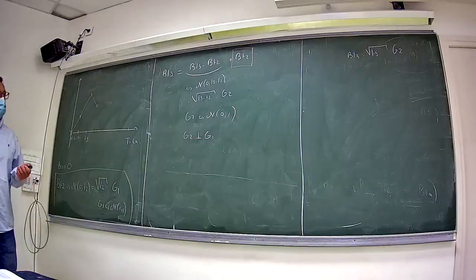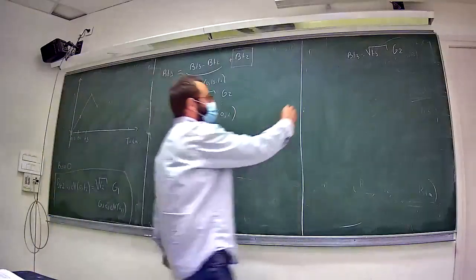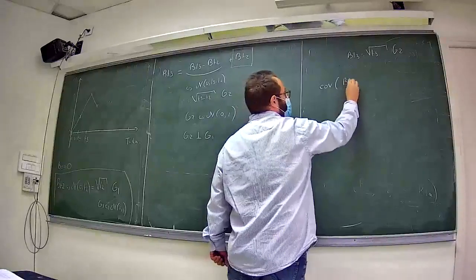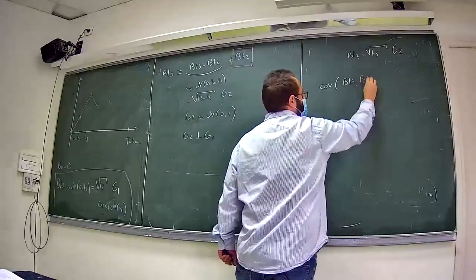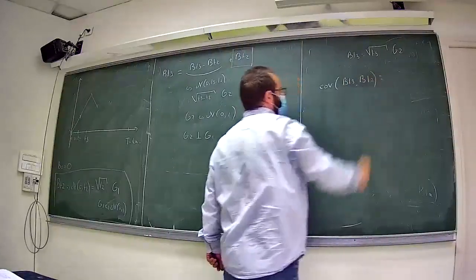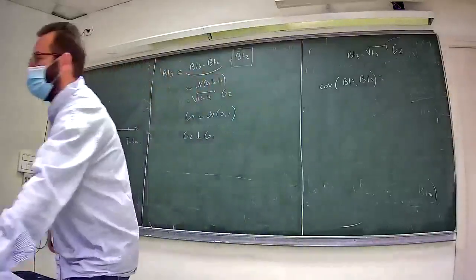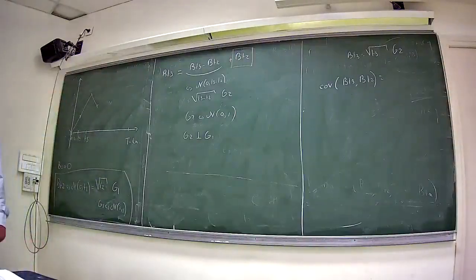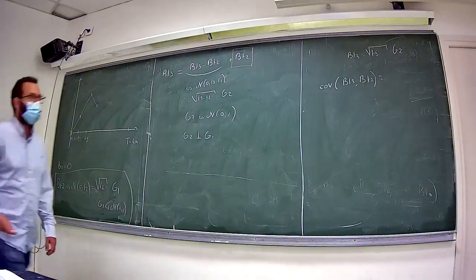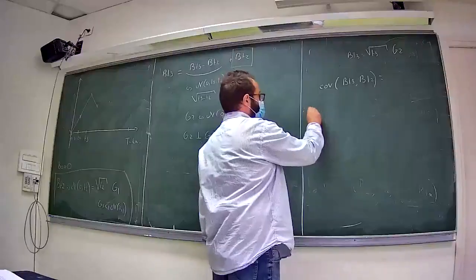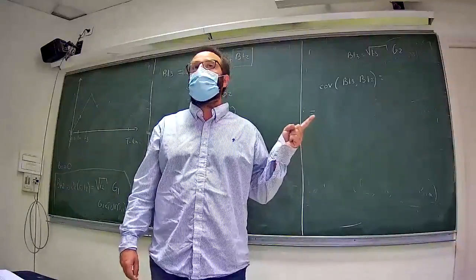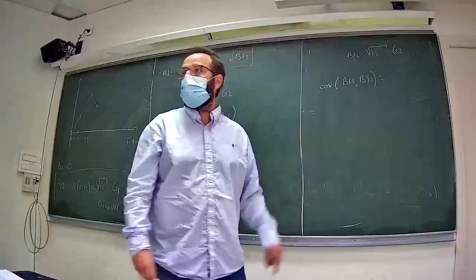Why? Because if you compute the covariance between BT3 and BT2, what is it? What is the covariance between BT3 and BT2? First, I know that the Brownian motion is centered. So the covariance is just the expectation of the product.